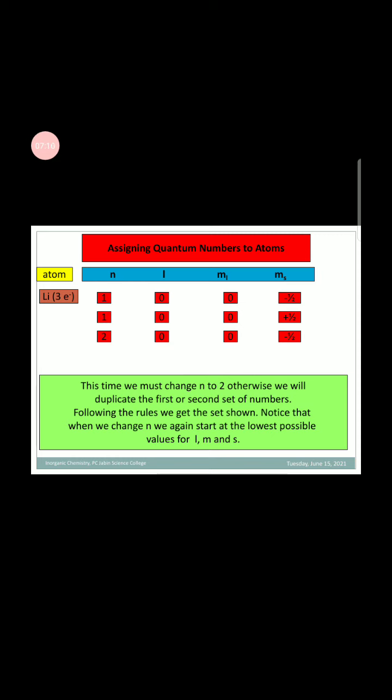This time we must change n to 2, otherwise we will duplicate the first or second set of numbers. Following the rules we get the set shown. Notice that when we change n, we again start at the lowest possible values for l, ml and s.